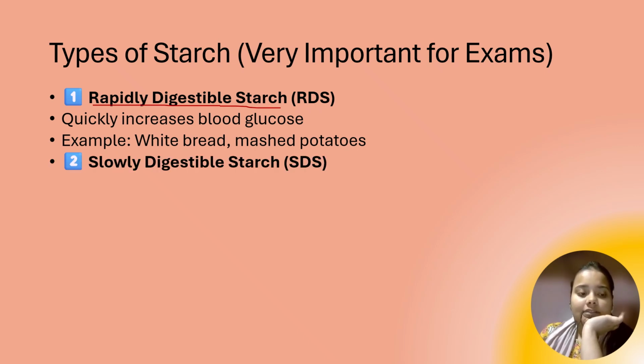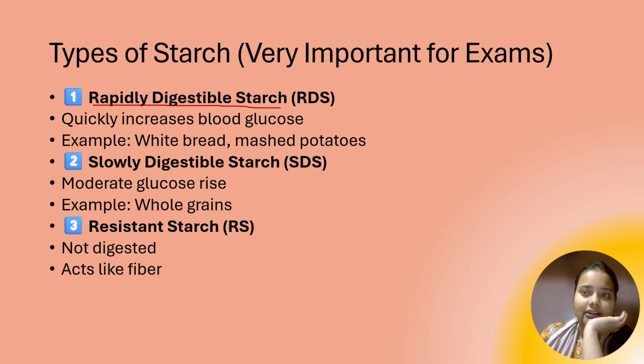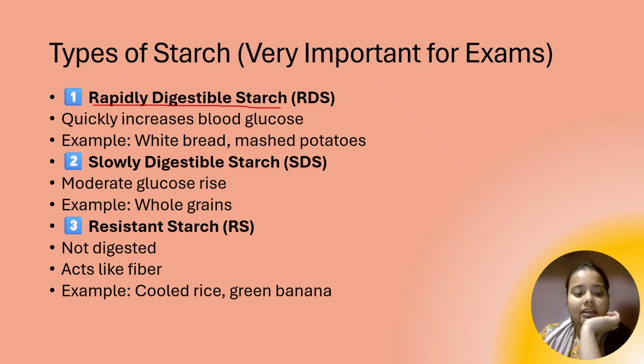The second type is slowly digestible starch, SDS, which gives a moderate glucose rise. An example is whole grains. Third is resistant starch, which is non-digested and acts like fiber. Examples are cooled rice and green banana. These are the three types of starch. You should remember this. This is very important.